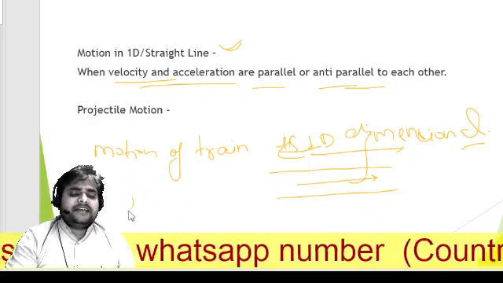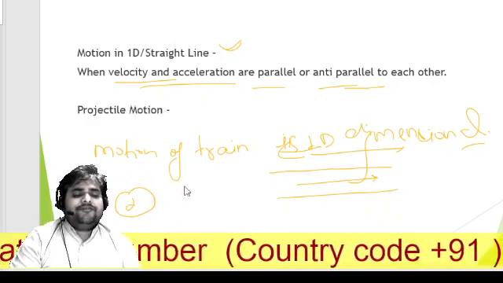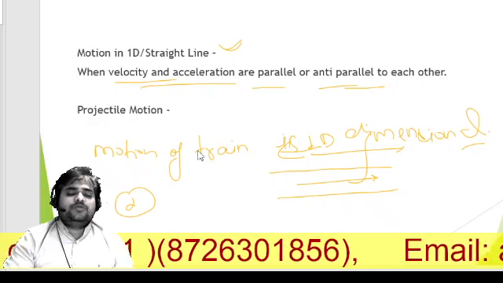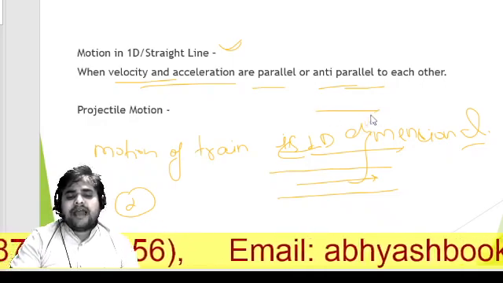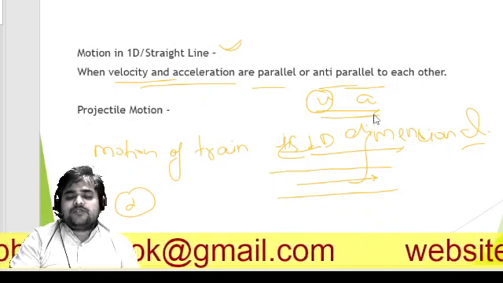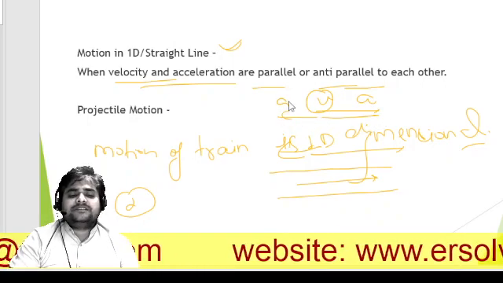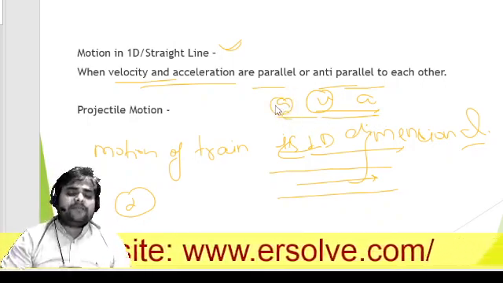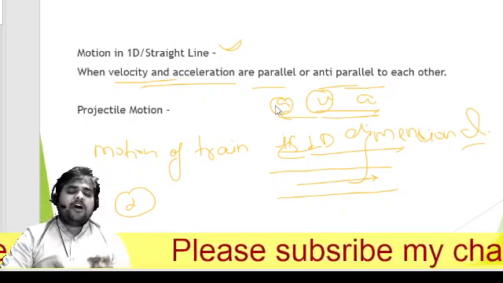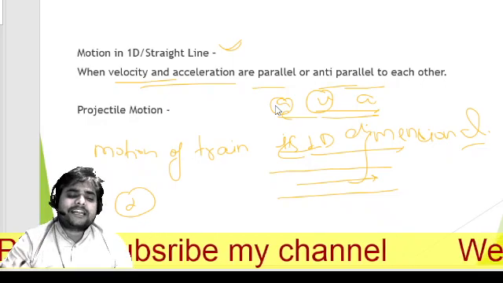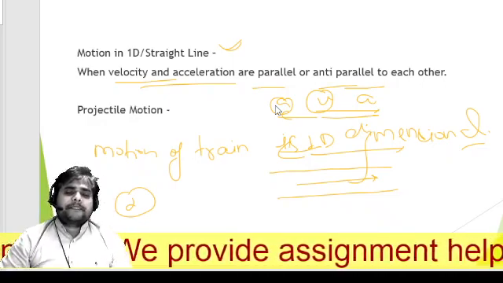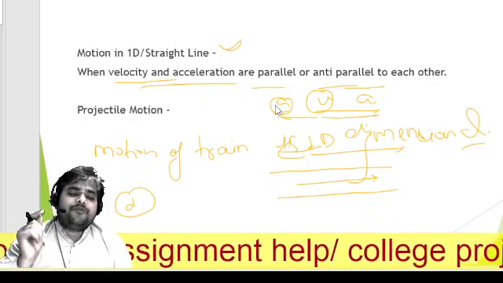Or, second, if acceleration and velocity are parallel or anti-parallel to each other, then the object will move along a straight line. In that case, the motion of the object is one dimensional motion.